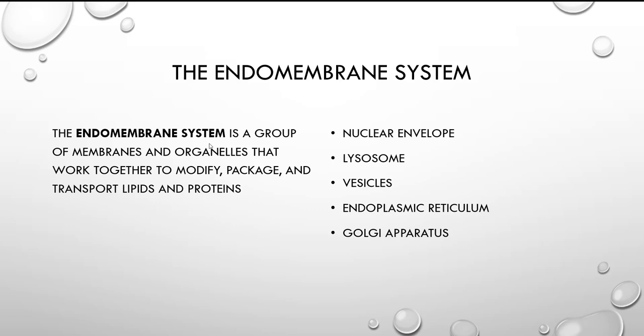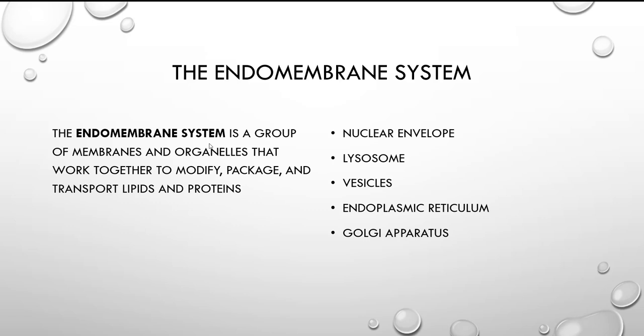So if you think about your entire body, you have different parts of your body working to supply other parts with things. So for example, your pancreatic cells are producing insulin.